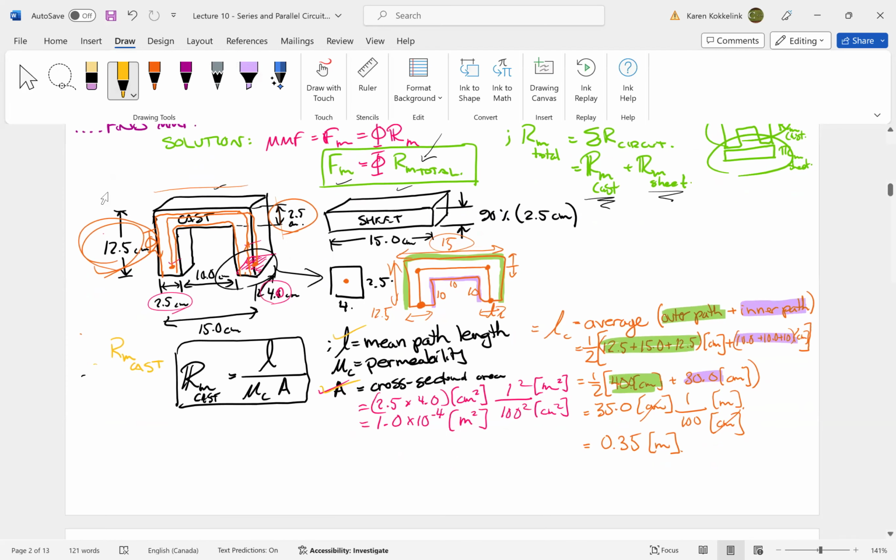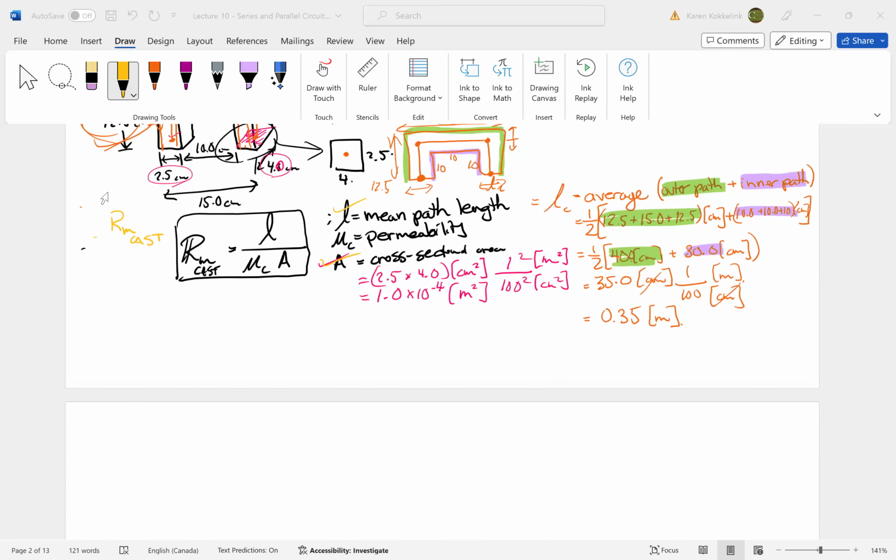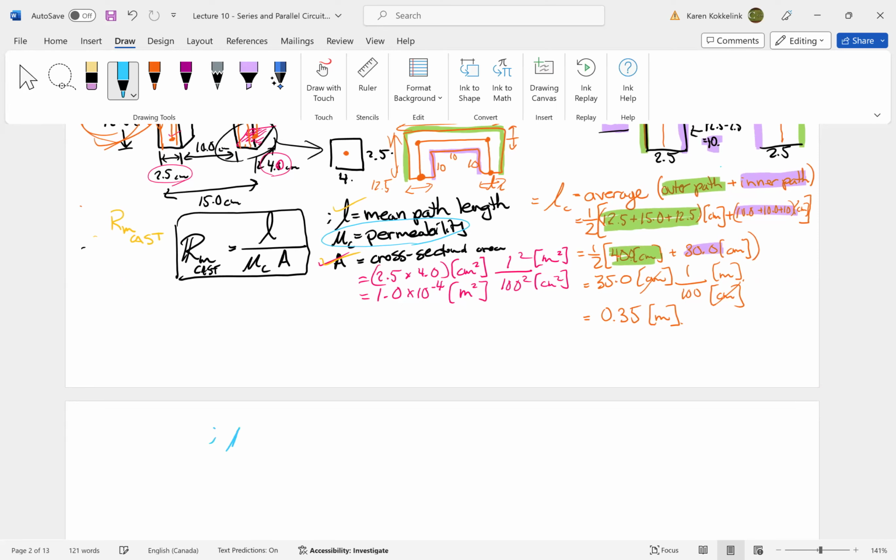Let's find permeability. We need to calculate this permeability now. So I've grabbed a new color here for permeability. Permeability of this cast section, we can look at that on a BH curve, right? So it is the flux density, B, over H of the cast section. So the field strength of the cast section.